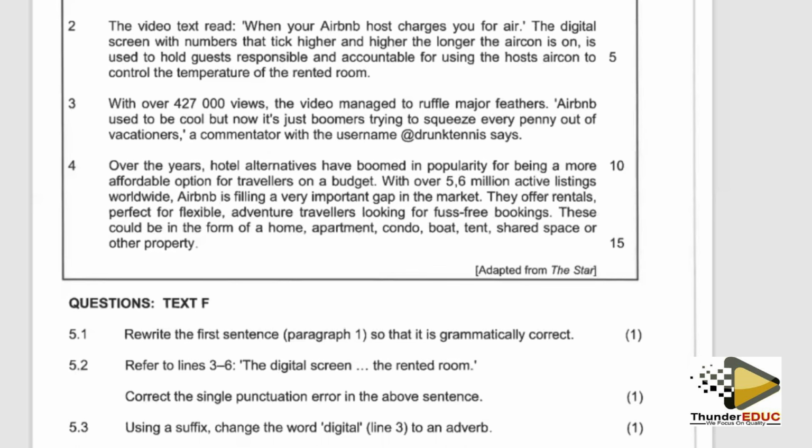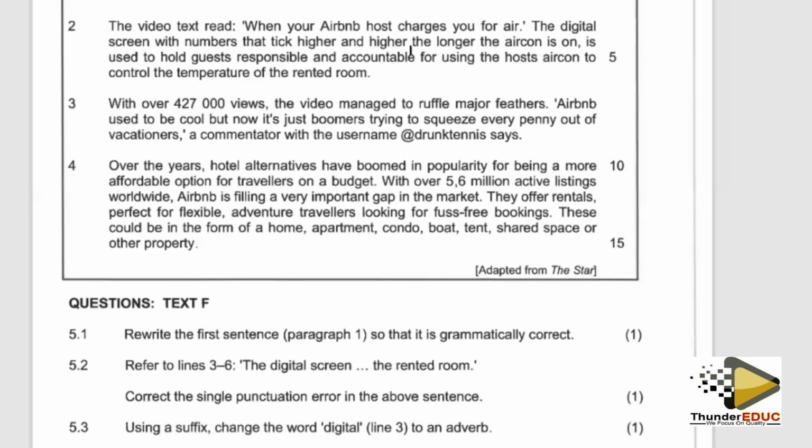The digital screen with the numbers that tick higher and higher, the longer the aircon is on. The comma is misplaced. It must not be there. That's the punctuation error. So it must be with numbers that tick higher and higher. The comma is supposed to come after higher.